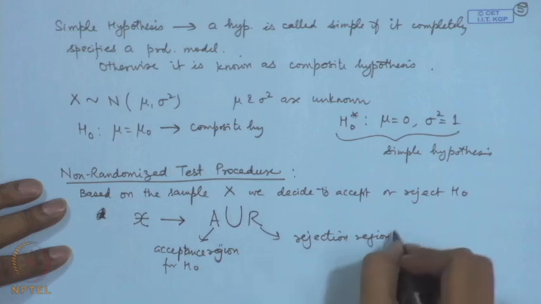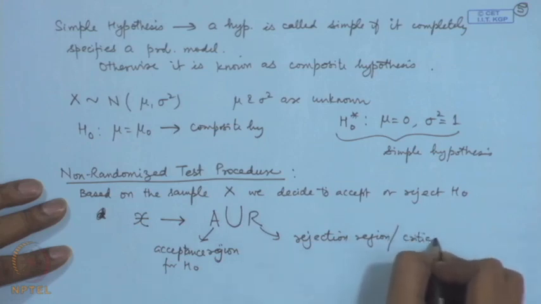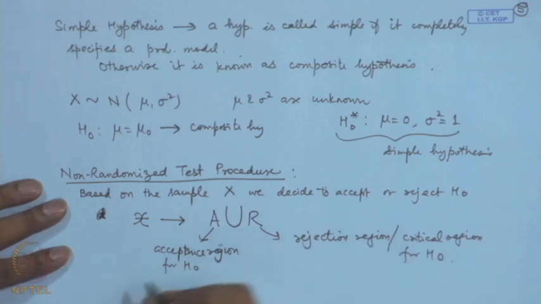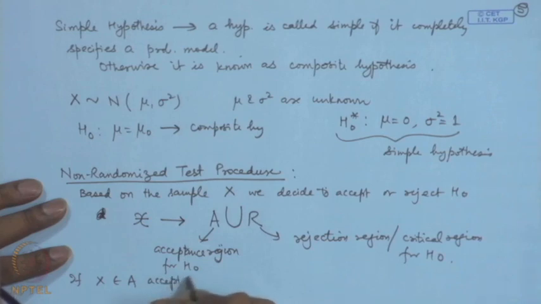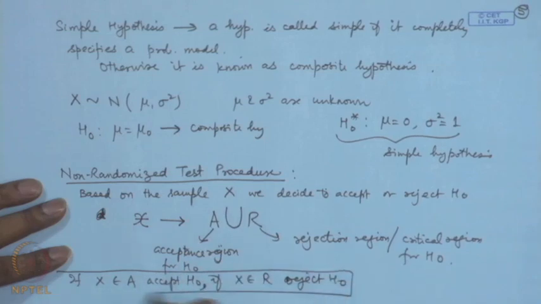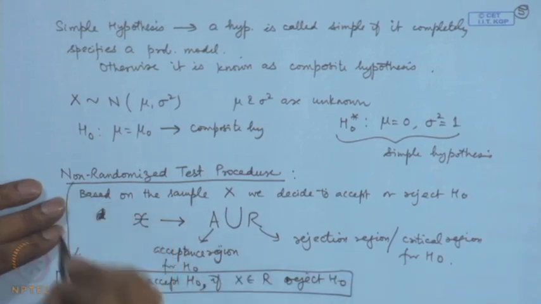In statistical terminology, this is also called the critical region for H naught. That means a non-randomized test procedure is like this: if X belongs to A, then you accept H naught. If X belongs to R, we reject H naught. So, this is a non-randomized test procedure.